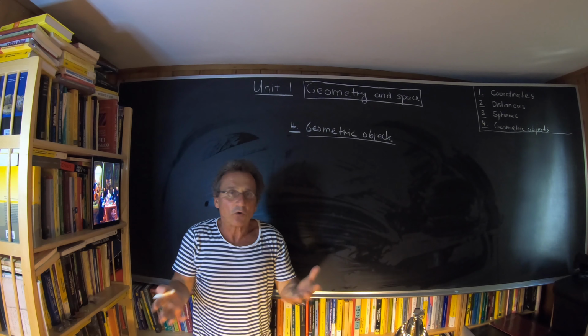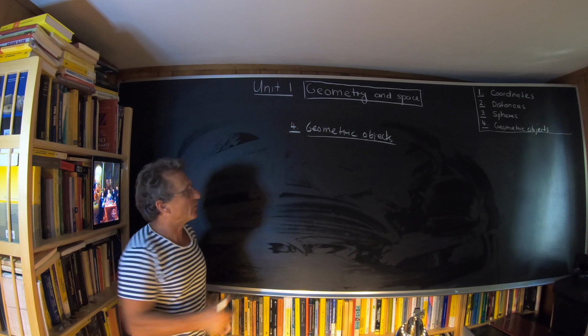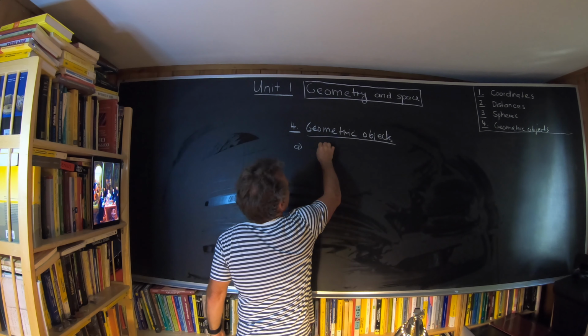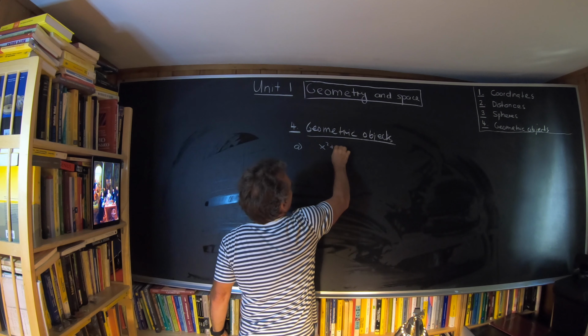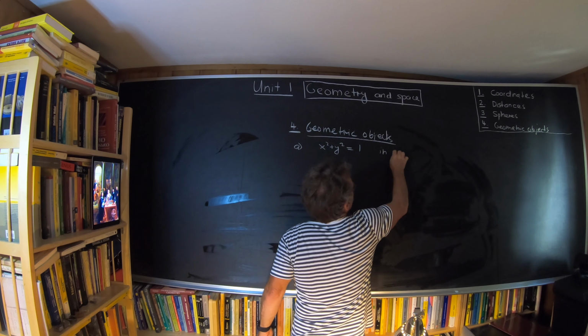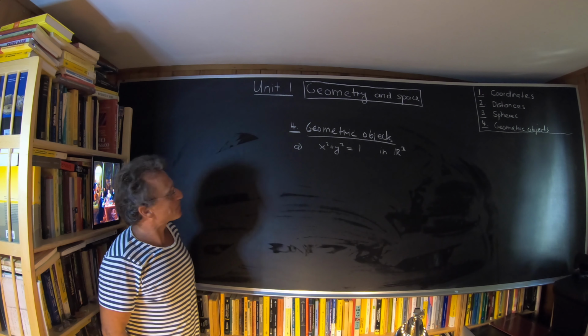So in this whole course we will study a lot of geometric objects, but let me just look at a couple of examples. We have already seen the sphere, but let me just ask you, what is this? x squared plus y squared is equal to 1. But now in space, in R3, in three-dimensional space.